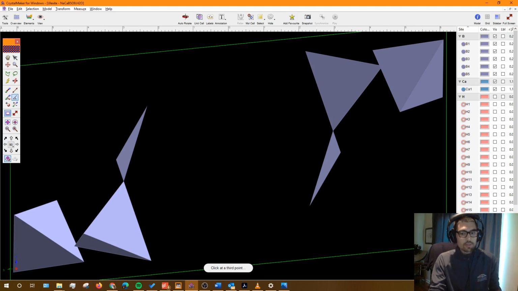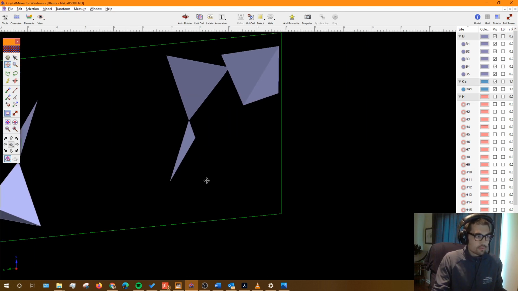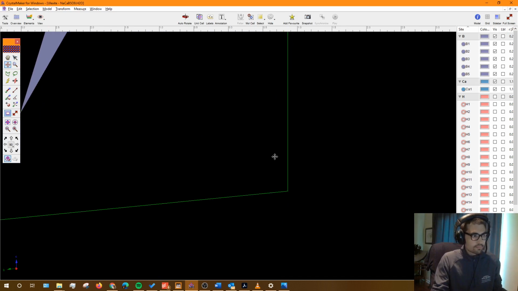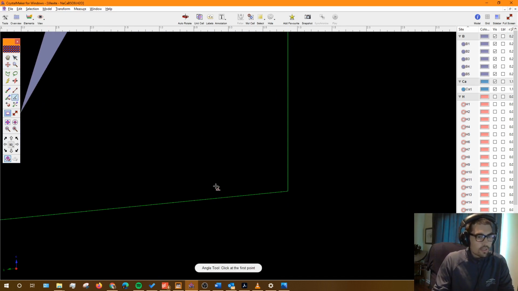We go back to the angle measuring tool, click, get to the vertex, click again, and now you should be able to see an angle being measured. So we want to line that up, right up and down, just right there.